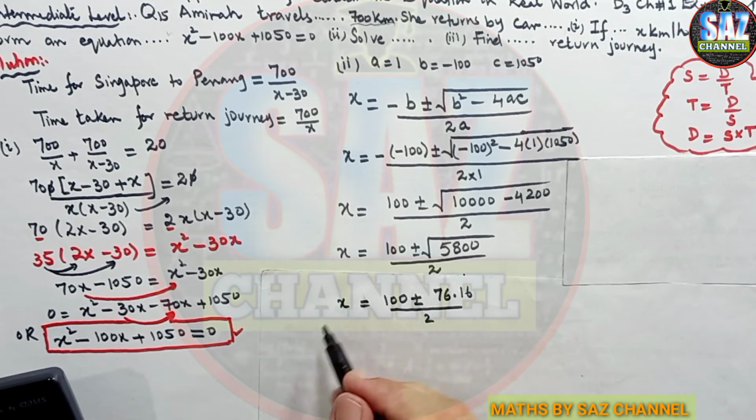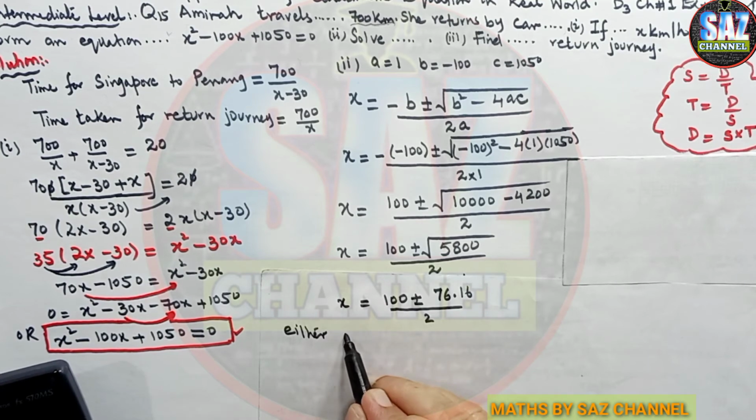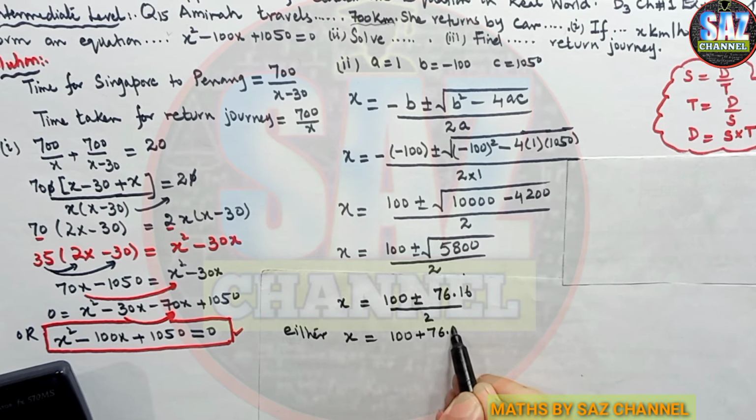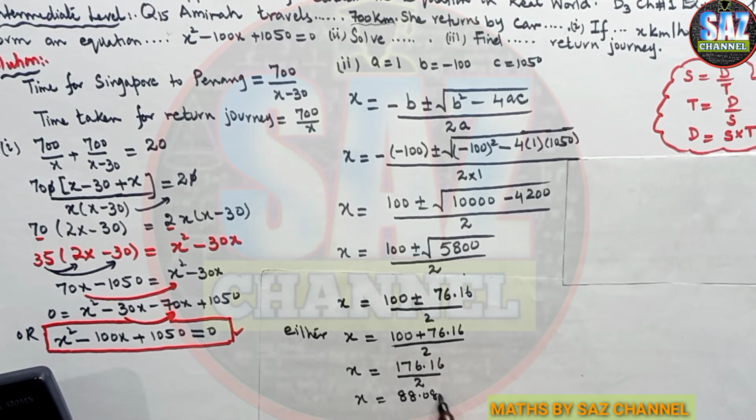Now in order to solve this equation, I have to apply both conditions. Either x will be equal to 100 plus 76.16 upon 2. 100 plus 76.16 will give me 176.16, divided by 2, and this will give me x equals 88.08.